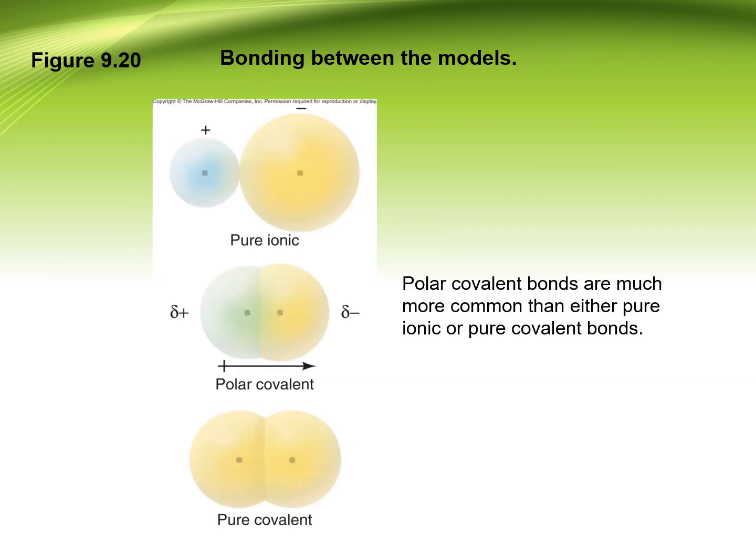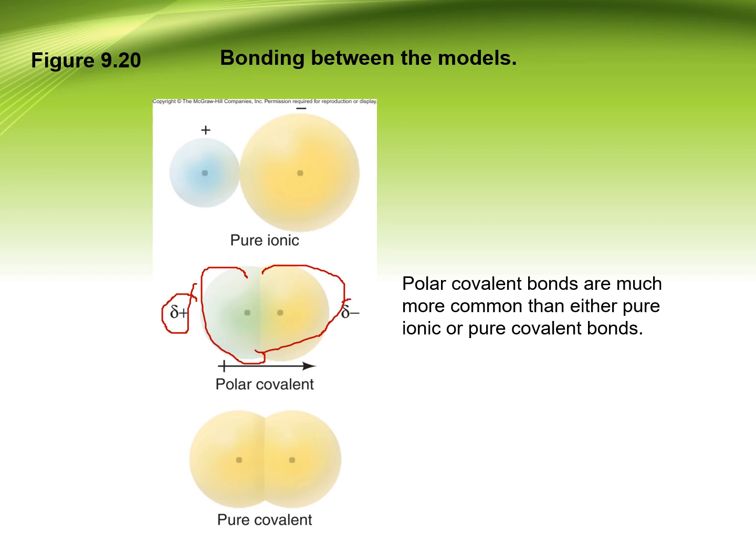Here you can see the bonding between the models, and in polar covalent we can see the unequal sharing, the pair of electrons not shared equally between the atoms, where the electrons are closer to one atom than the other.